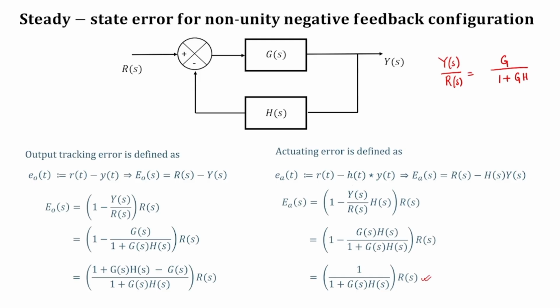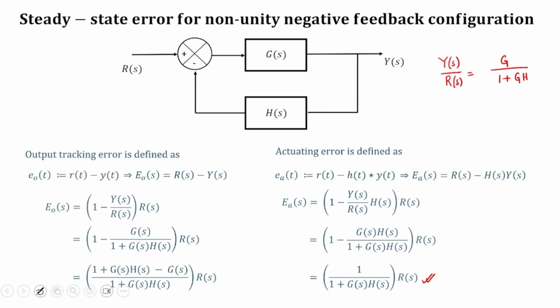Remember, in the unity negative feedback configuration, the actuating error signal and the output tracking error were the same because H(s) was equal to 1. Now you can see that the actuating error's formula is similar to what we got for the unity negative feedback configuration's error formula, whereas for the output tracking error this is not the same.